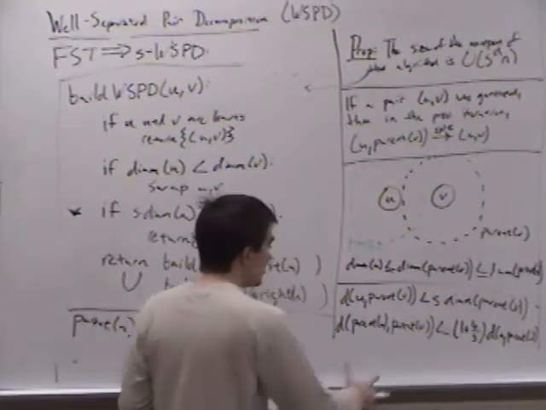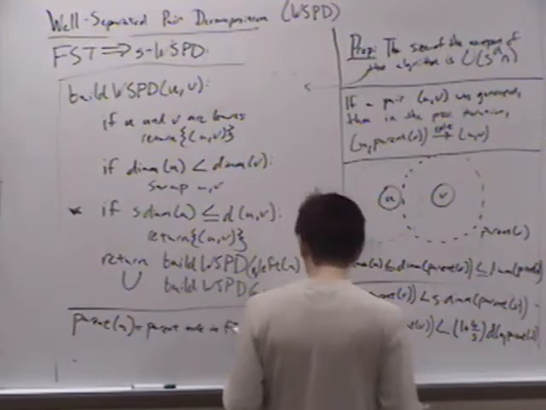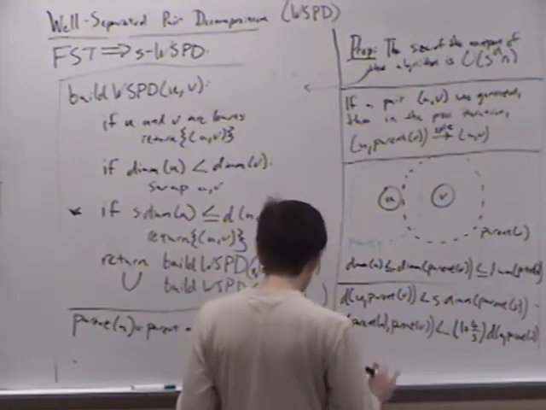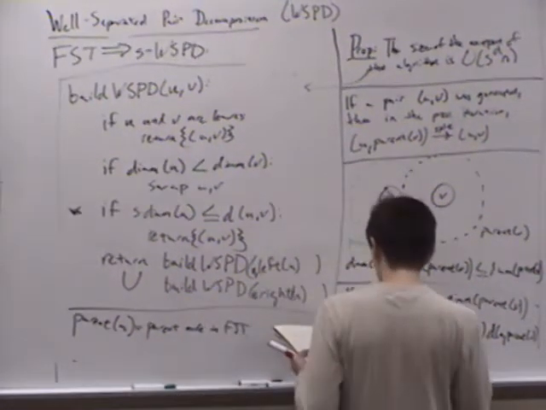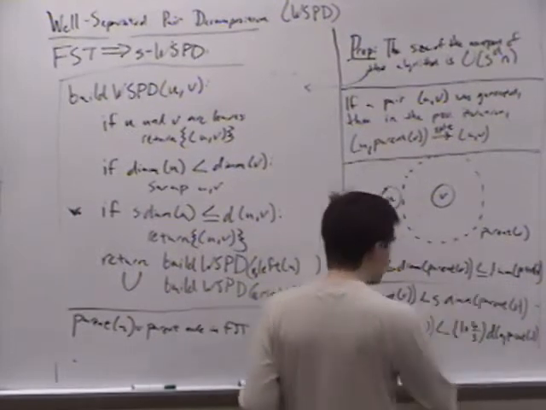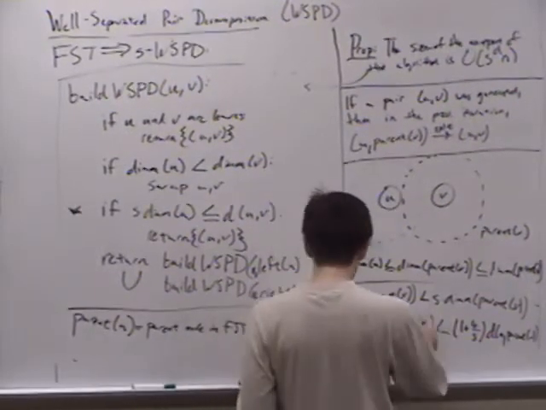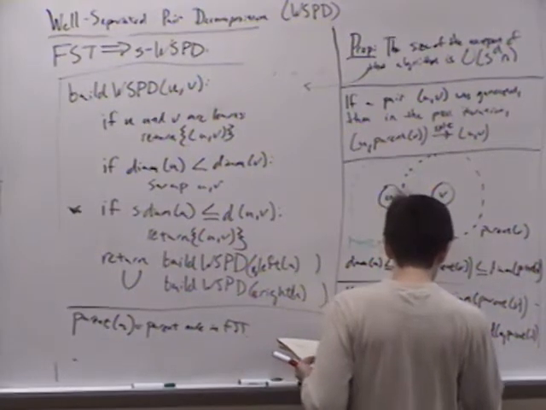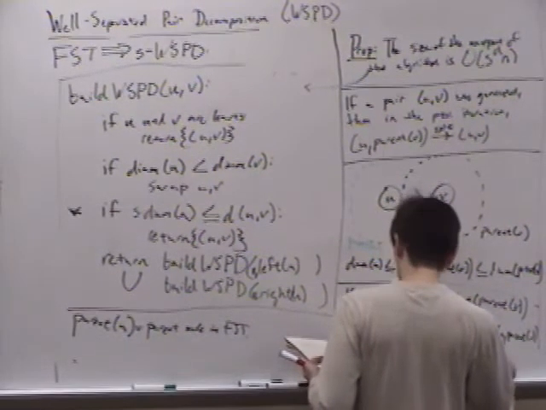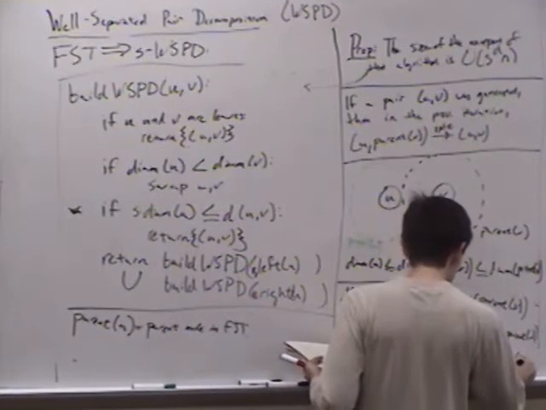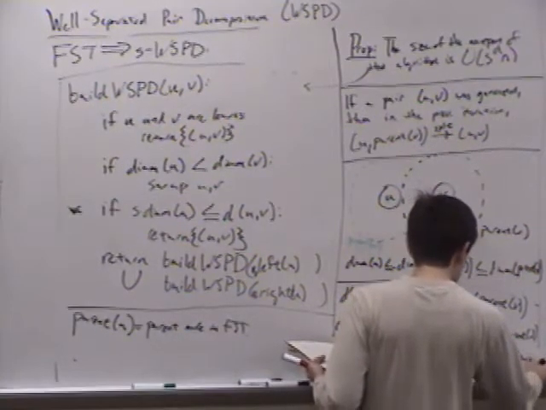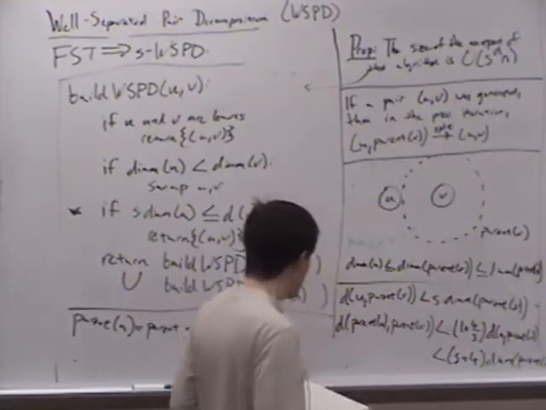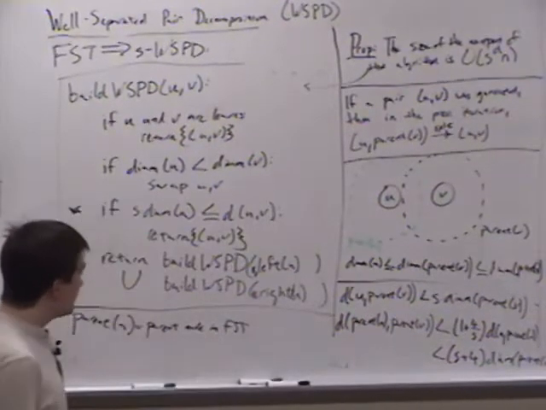Another way that we can say this is that this has to be less than s plus 4 times the diameter of parent of V, by basically a substitution, combining these two results. So this whole thing is less than s plus 4 times the diameter of parent of V. So what does this mean?